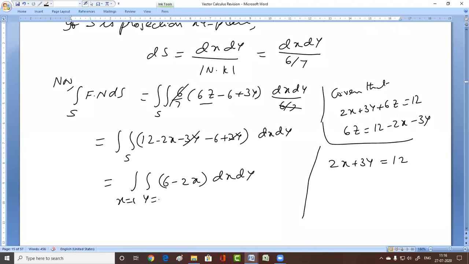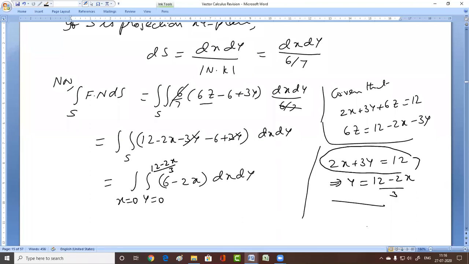Now from this plane, y equals (12 minus 2x) by 3, so the y limits are 0 to (12 minus 2x) by 3. We already discussed this in double integrals. Now in this equation, remove the y term: 2x equals 12, x equals 6.